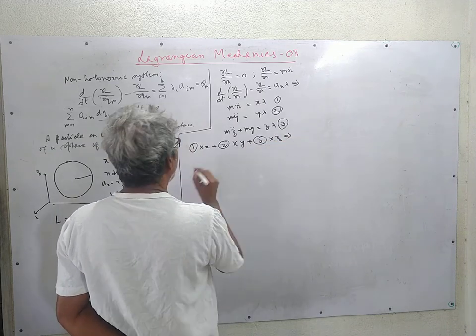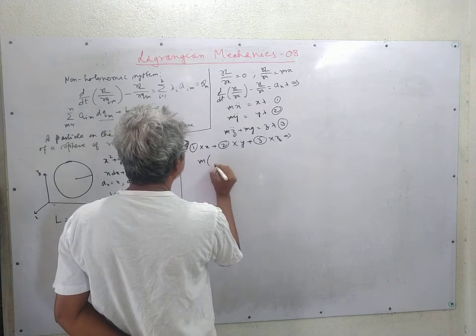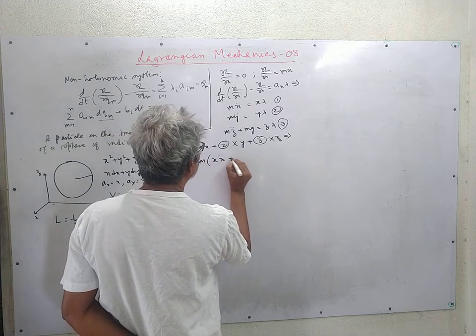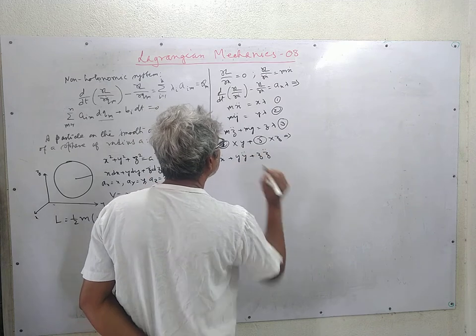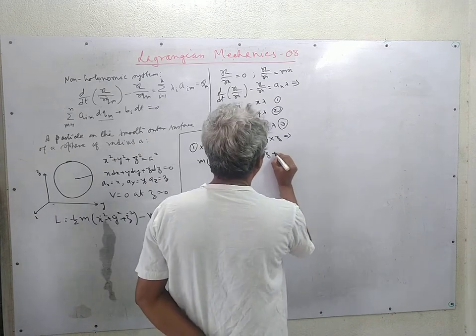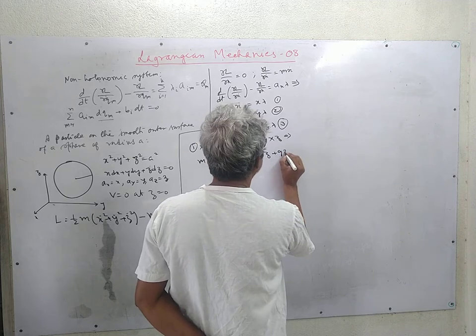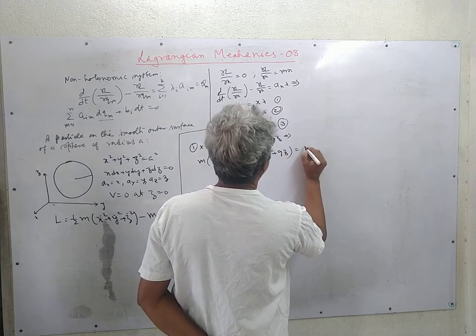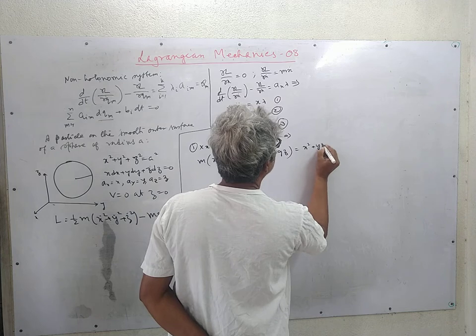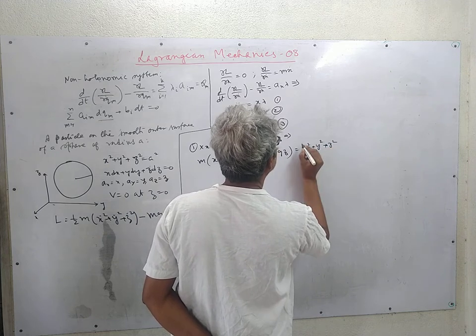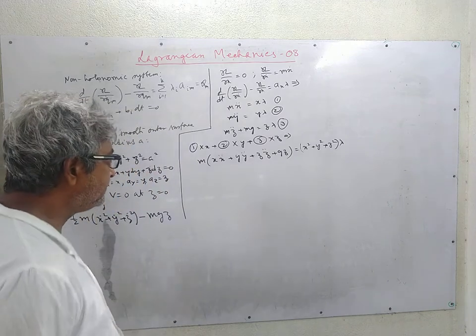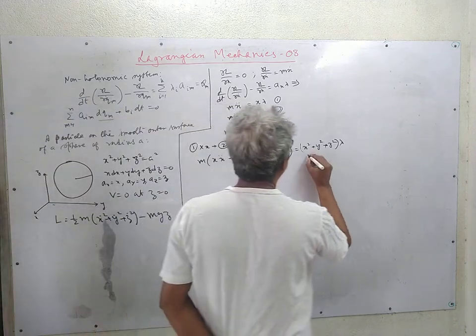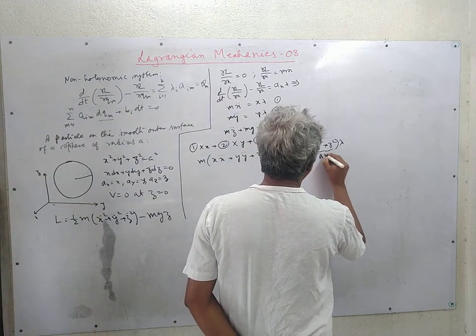We get on the left-hand side m (x x double dot plus y y double dot plus z z double dot) plus mgz, equal to (x squared plus y squared plus z squared) times lambda. So this is simply a squared.